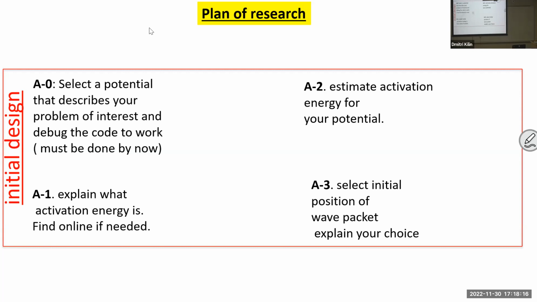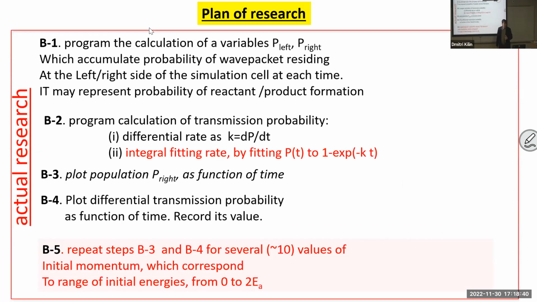Some of you got it from Dr. Han as a block pot, right? So basically all of us have some potentials. We can analyze, draw, explain its properties, and analyze if there is any activation. If you don't have preset parameters in the code, you may decide where to place your wave packet initially. What is P left and P right?